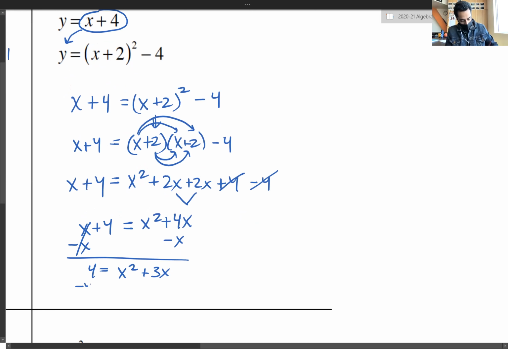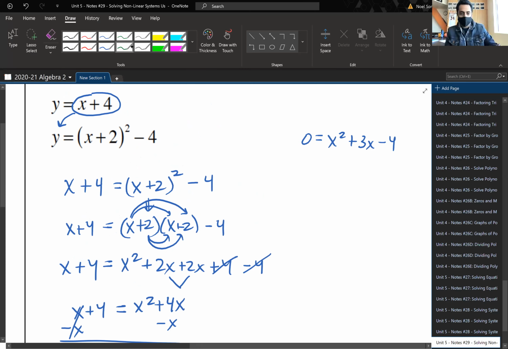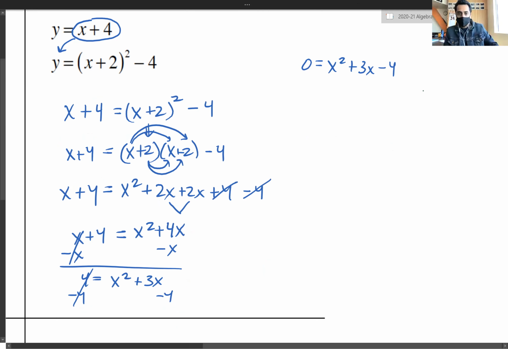And then we can subtract 4. So that leaves us with 0 is equal to x squared plus 3x minus 4. All right, now that we have the quadratic all by itself on one side, and it's equal to 0, we can factor now.